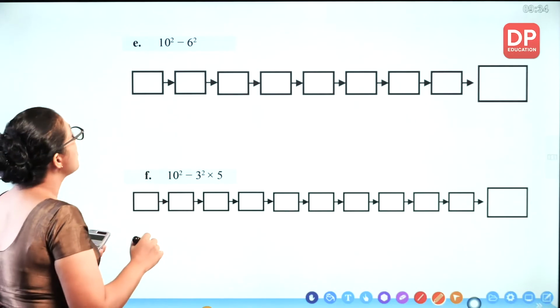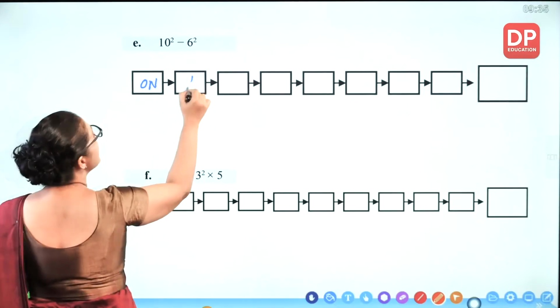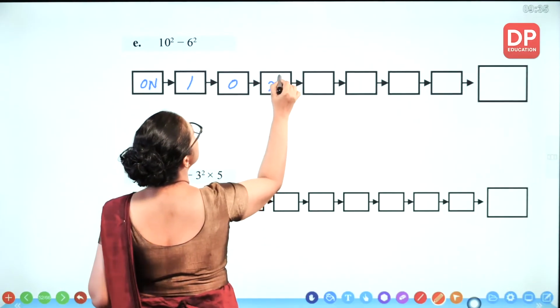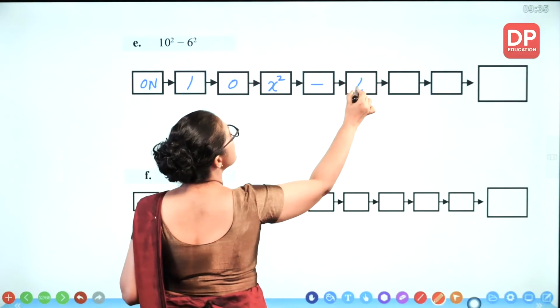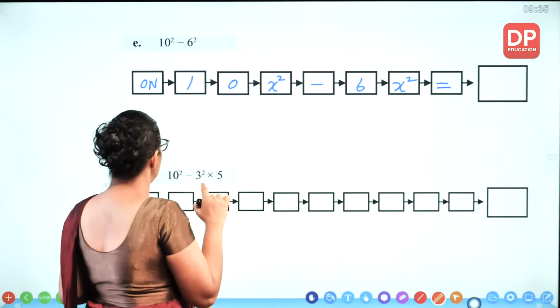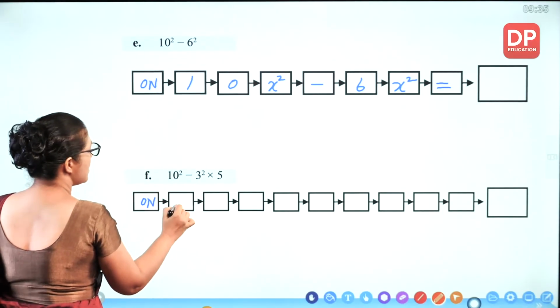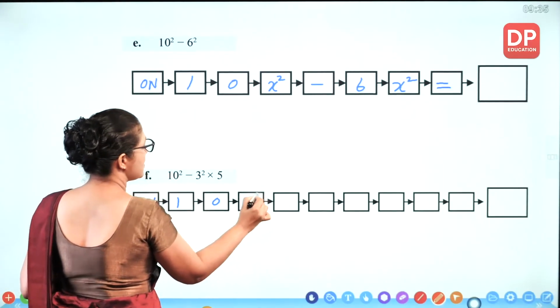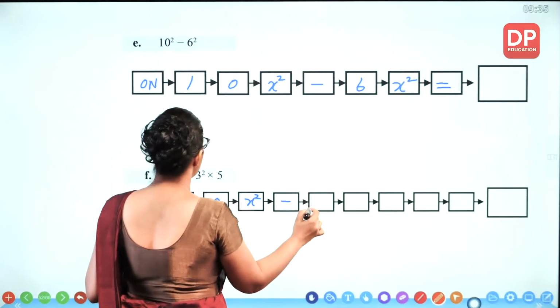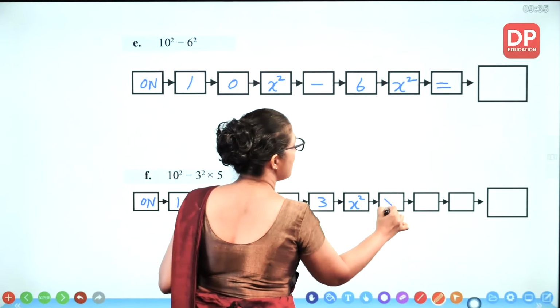This one is 10 squared minus 6 squared. So switch on the calculator. 10 squared minus 6 squared. This one 10 squared minus. So switch on, 10 squared first, then minus 3 squared multiplied by 5.